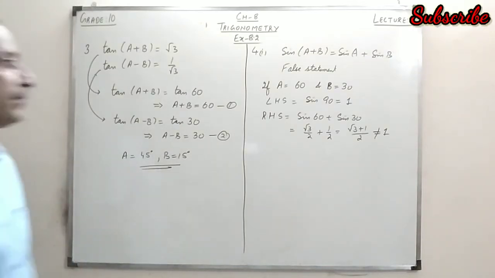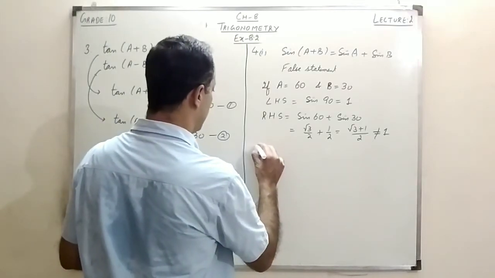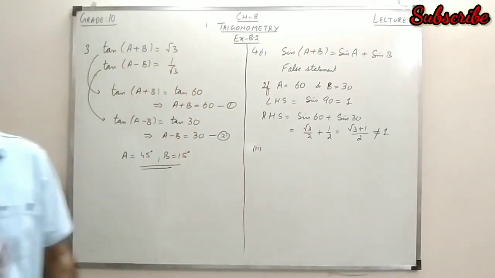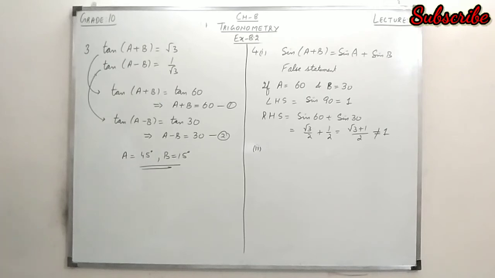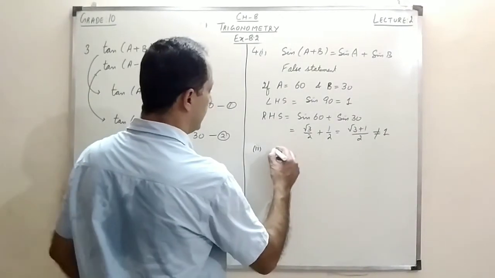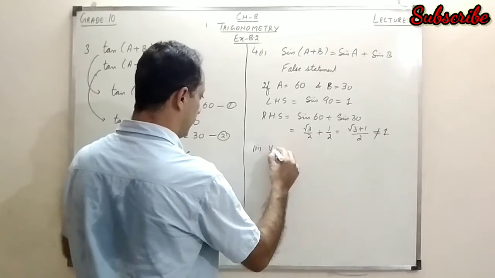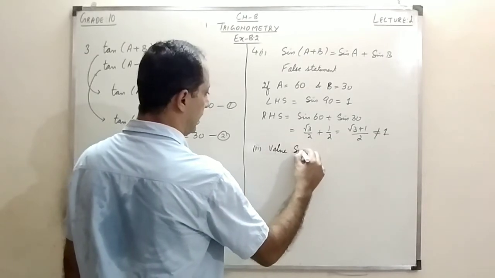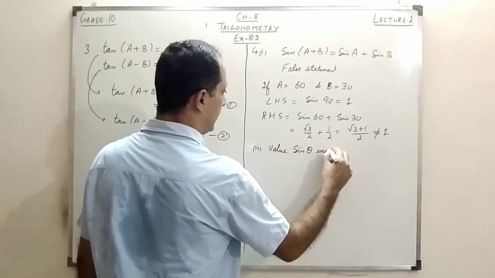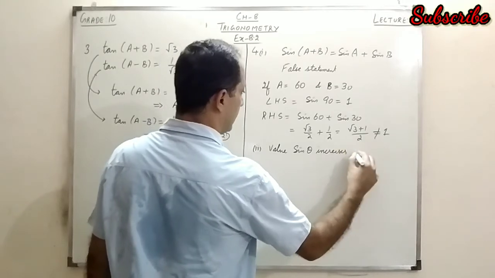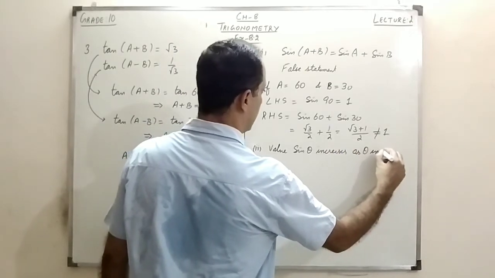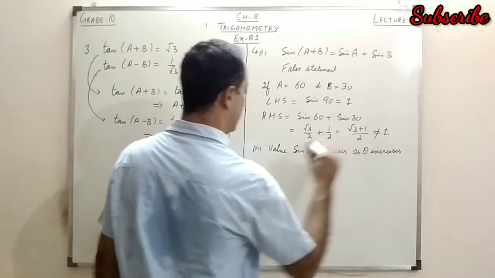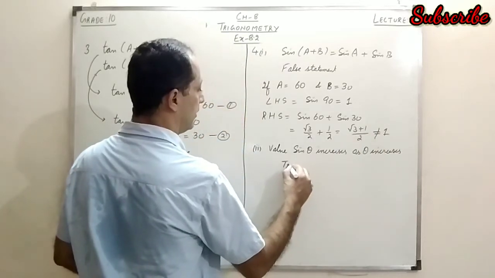Now let's see the second part. The statement says the value of sin theta increases as theta increases. We have to tell if this is true or false. We say this statement is true.